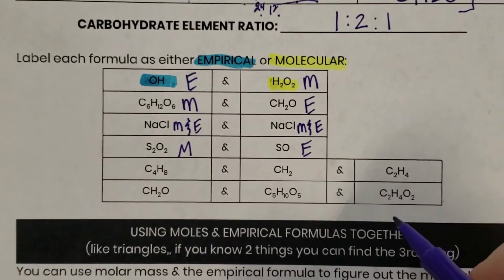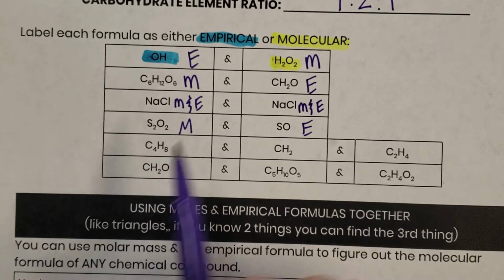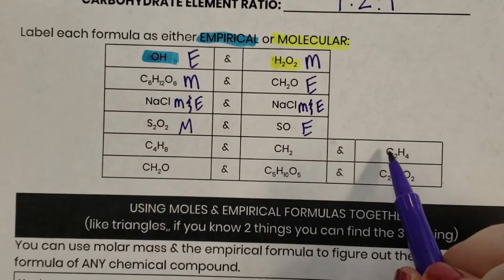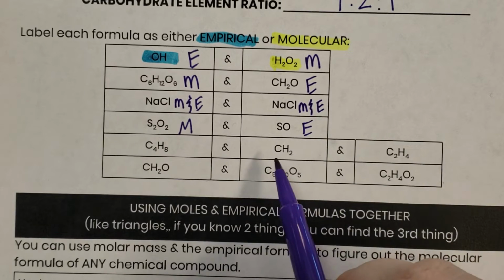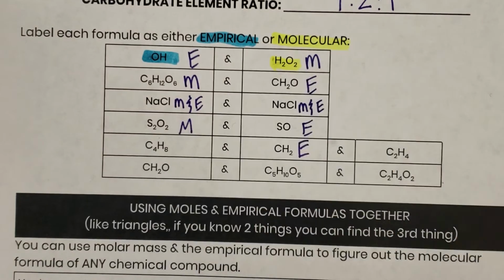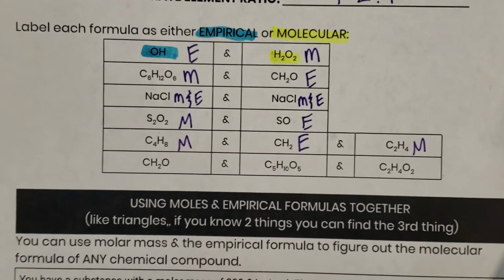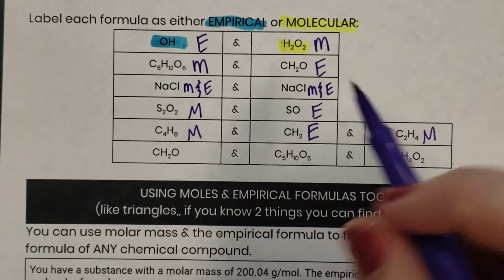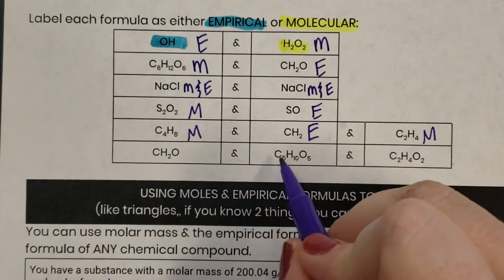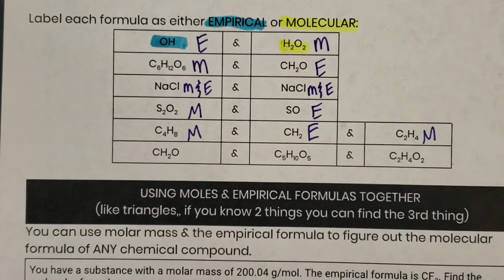So out of these three, so we have C4H8, CH2, and C2H4. The CH2 is the reduced version of both of these, which makes this the empirical, which means these two are molecular. And then this bottom one, we have CH2O, C5H10O5, and C2H4O2.